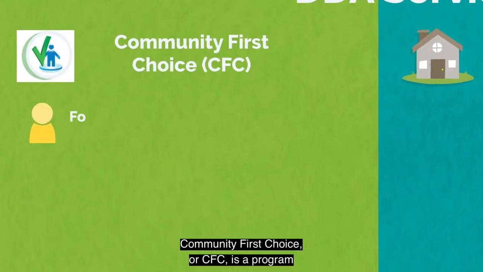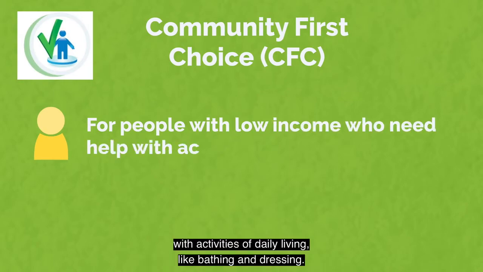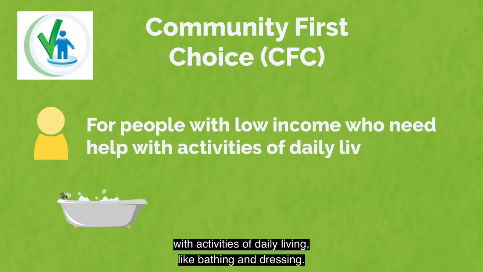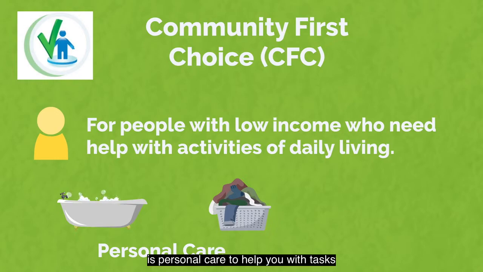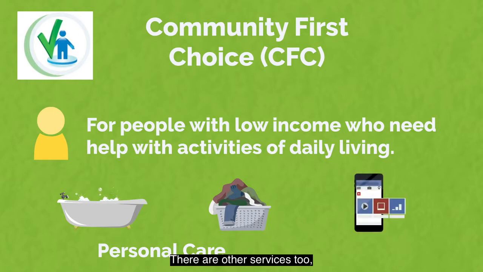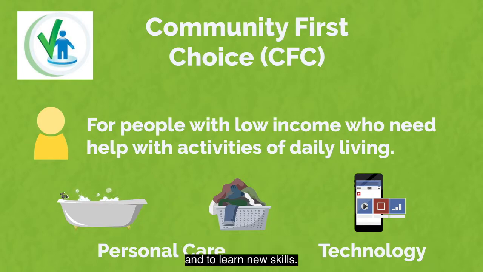Community First Choice, or CFC, is a program for people with low income who need help with activities of daily living like bathing and dressing. One of the main services in CFC is personal care to help you with tasks to meet your physical care needs. There are other services too, like assistive technology to help you be more independent and support to learn new skills.